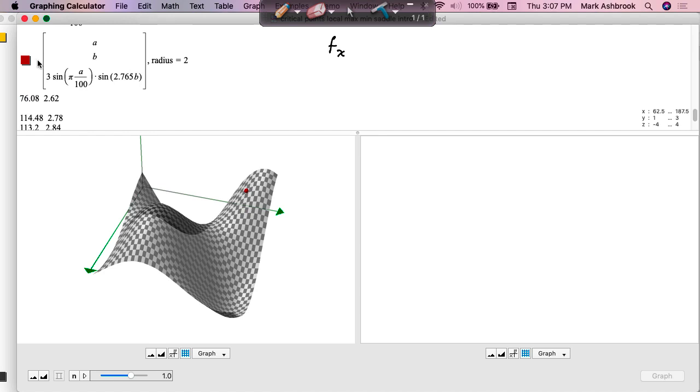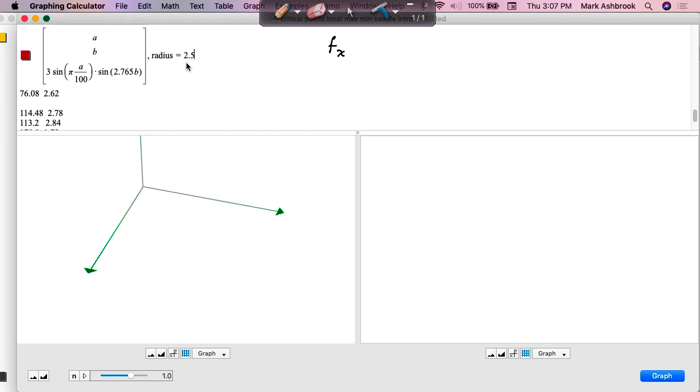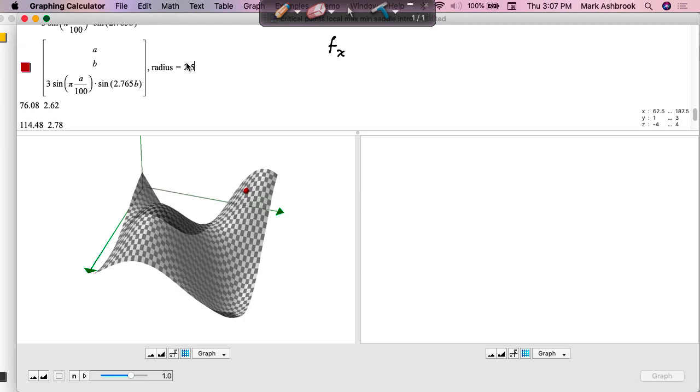Make it yellow. Try yellow. Or lime green, maybe. None of these colors. I think red was the best. I can make it bigger too. You can see that, right? Yeah. Okay, we'll do that.